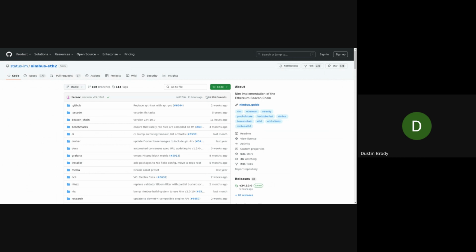Deneb didn't actually introduce that much epoch processing, but Nimbus has a module called state transition epoch, which implements precisely this epoch processing section. Similarly, if we scroll up slightly, there is block processing. It has a module called state transition block that implements precisely block processing.